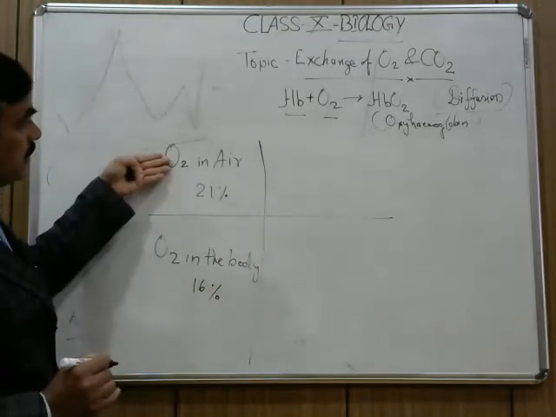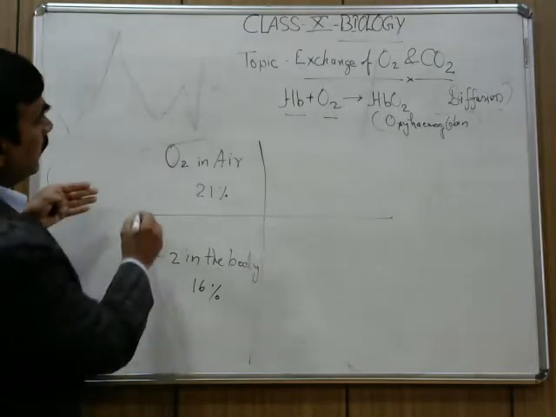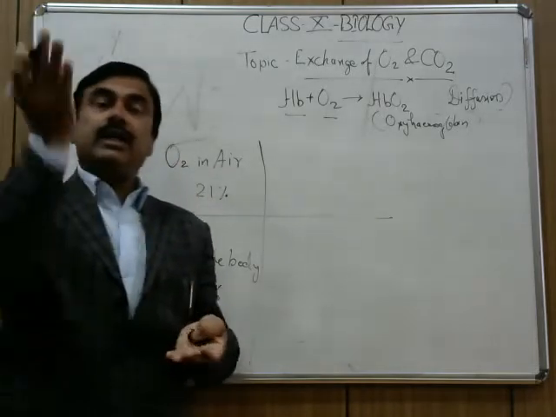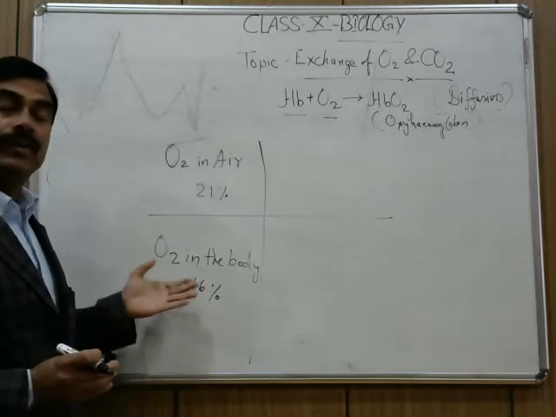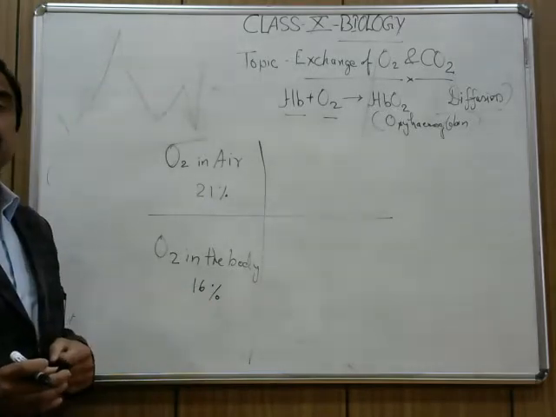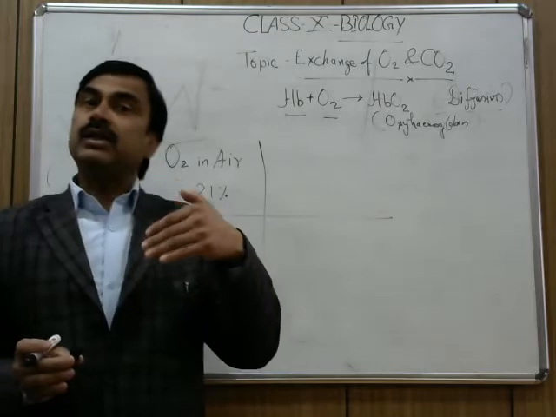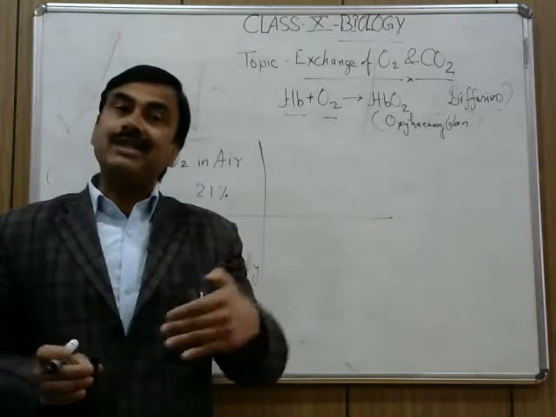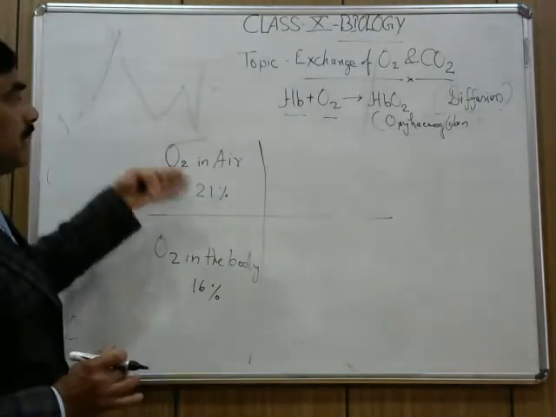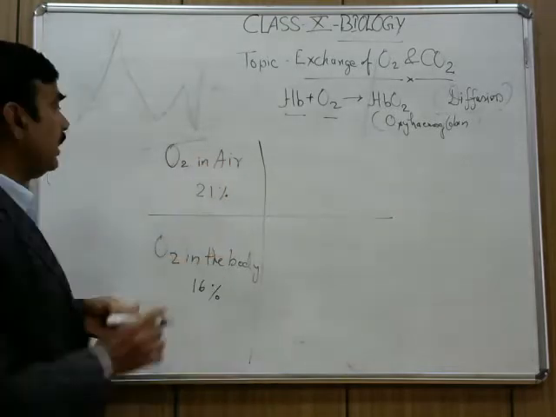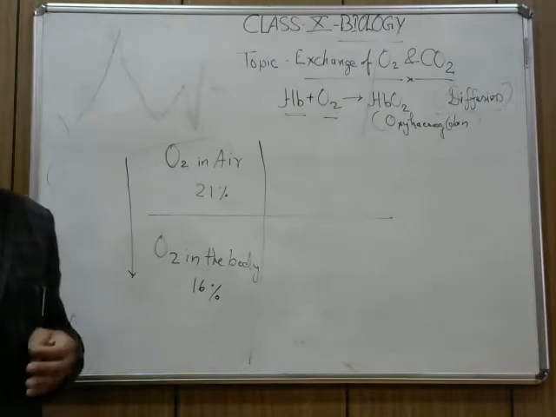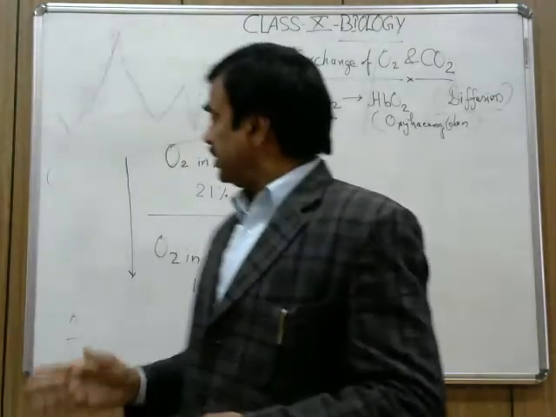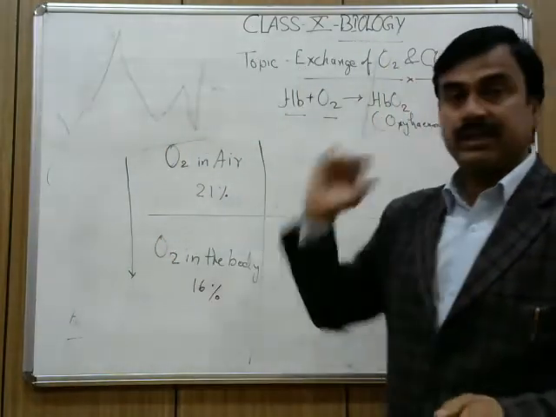Got my point? Now look at this. In air it is 21, and in the body, when it is consumed, it is 16. So it is quite easy to understand that automatically the oxygen will move from outside to inside the body by this diffusion process. Look at this indication.